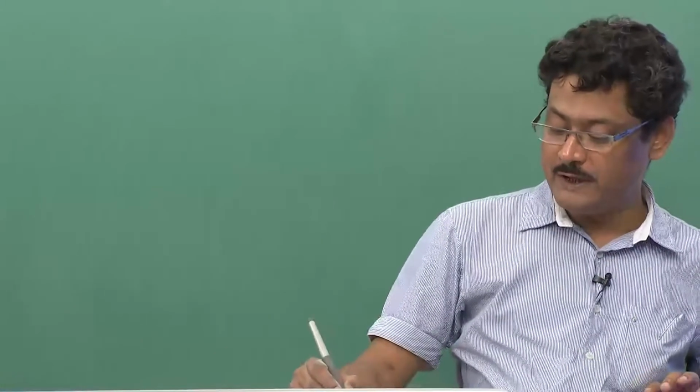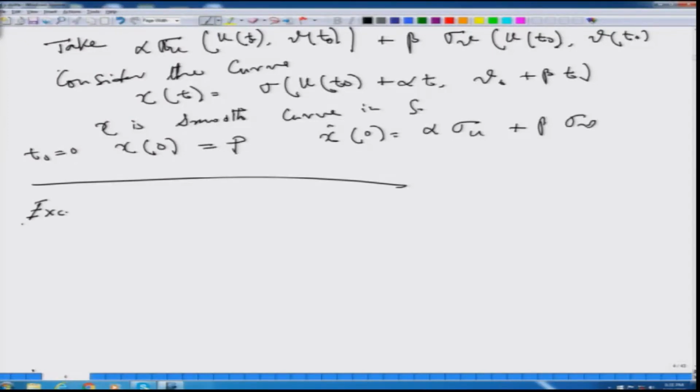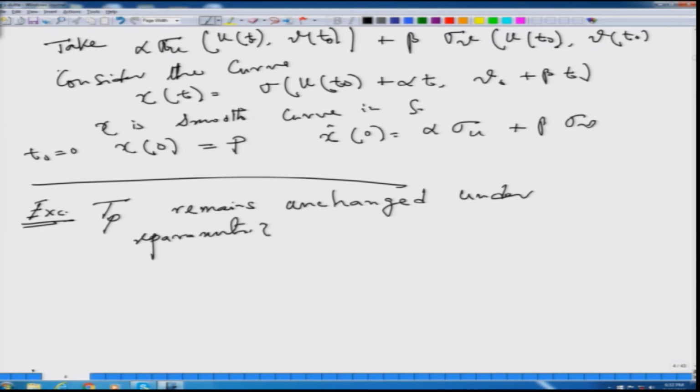So, one must verify, this is part of the second assignment also, that the tangent plane remains unchanged under reparameterization, and it is very easy to do. What will happen is that if I take a reparameterization, then instead of alpha, beta you will have some scalars alpha tilde, beta tilde appearing depending on the reparameterization, namely sigma inverse composed with sigma tilde at u naught, v naught. But check it anyway, it is always better to check it.